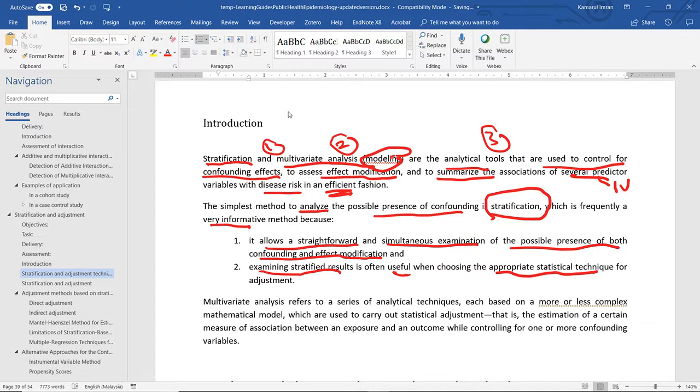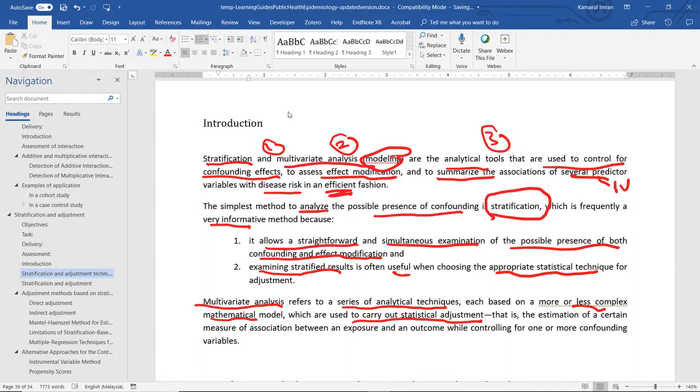That is stratification. Next is multivariate analysis, a series of analytical techniques, which could involve less complex or more complex mathematical modeling, with the aim to carry out statistical adjustment.